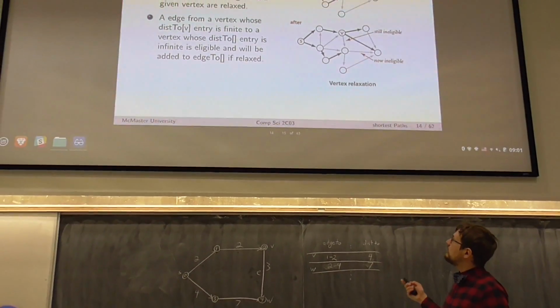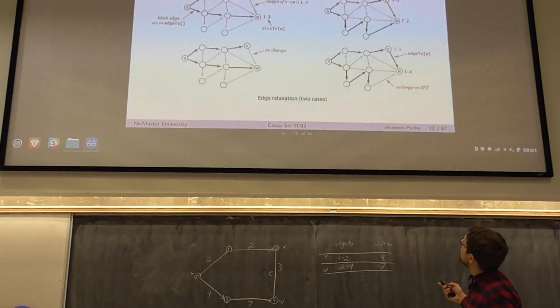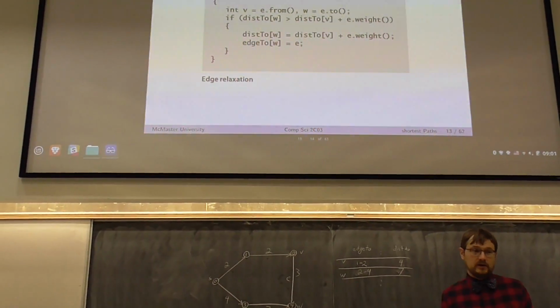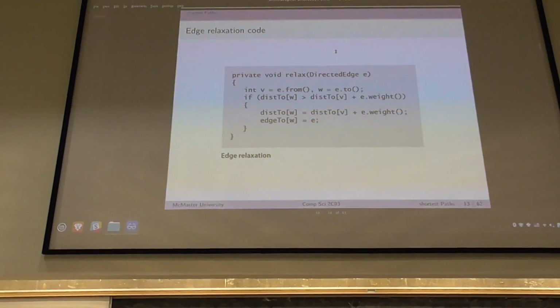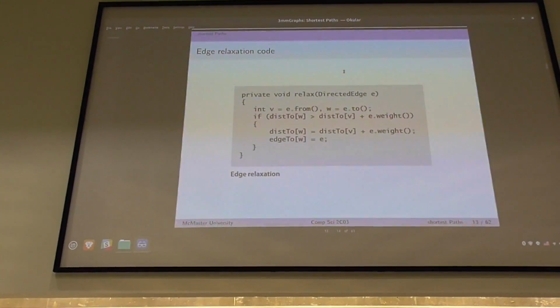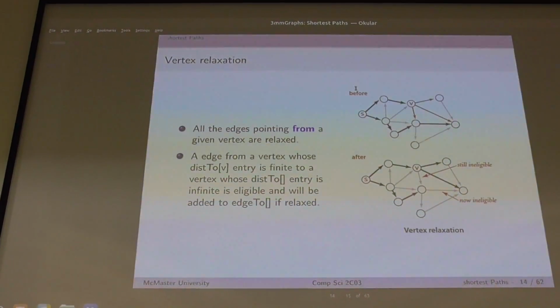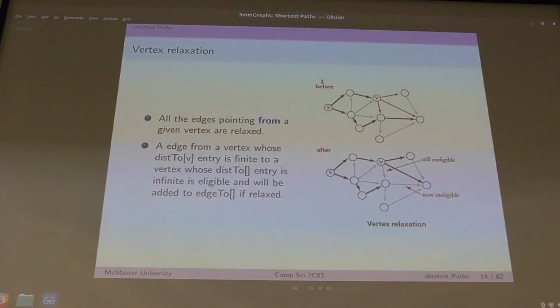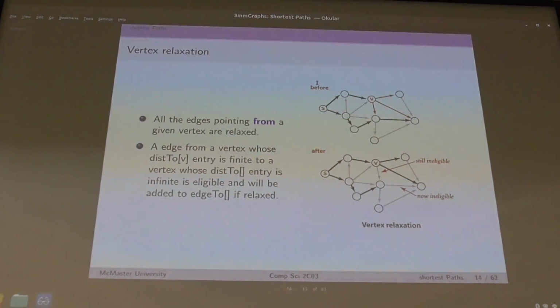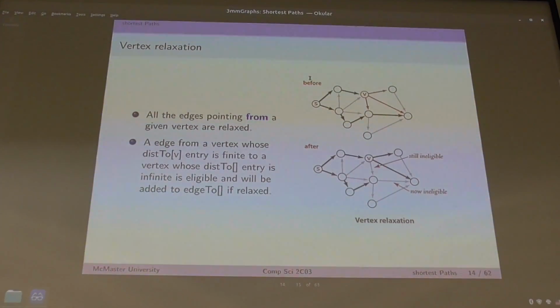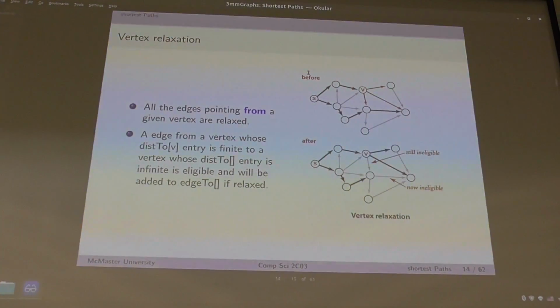Basically, when we start up a shortest path algorithm, we have to initialize edge 2 and distance 2 with something. What we initialize distance to is infinity, because infinity is greater than everything.